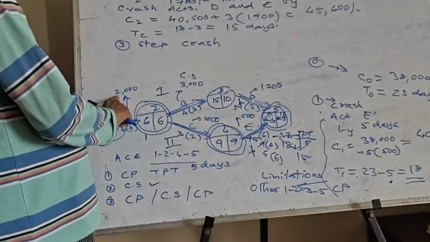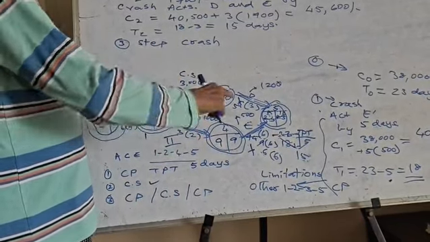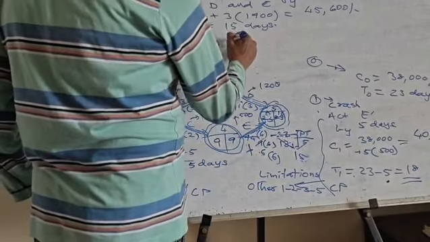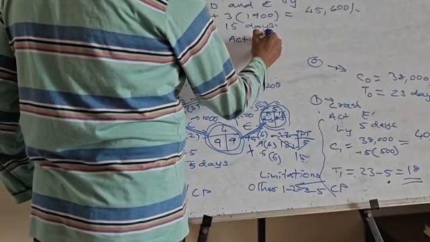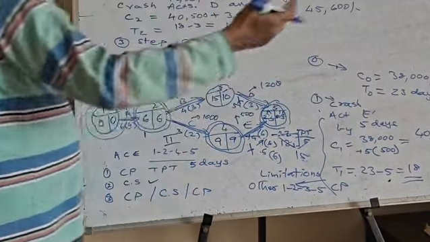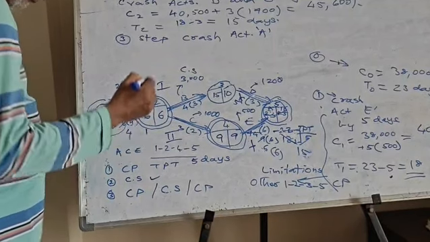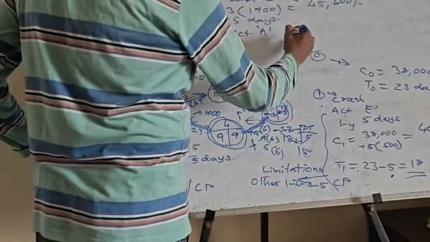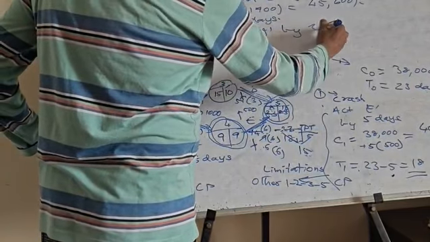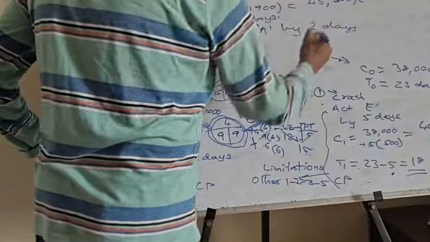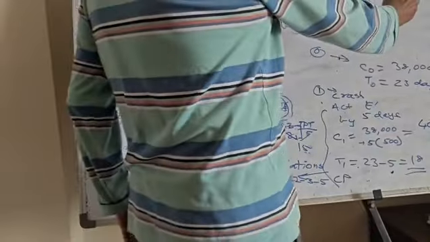This one, if you crash, it is common, the two critical paths will not be distorted, so you can crash activity A. By how many days? Maximum you can do is by 2 days only. Why? Because the limitation is again the same, crash potential.